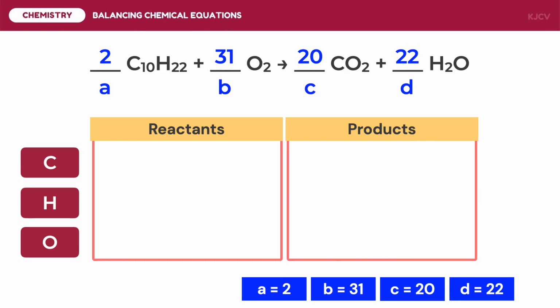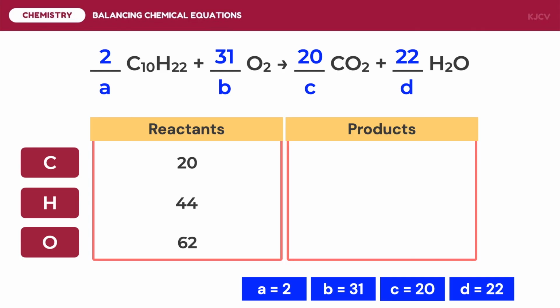In substance A or decane, carbon has 10 initial carbon atoms. Multiply to the coefficient 2, thus 20 carbon atoms on the reactant side. The same compound will give 22 hydrogen atoms multiplied to 2, thus 44 hydrogen atoms on the reactant side. Lastly, substance B or oxygen gives us 2 atoms multiplied to the coefficient 31, thus 62 oxygen atoms in the reactant side.